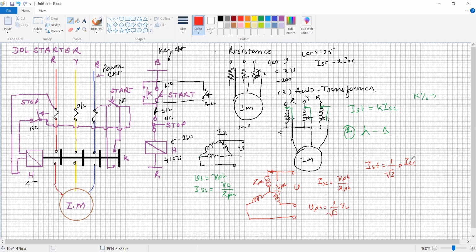Voltage is also reduced by 1 by √3. So instead of this, either a rotor resistance starter, auto transformer starter, or star delta starter, we use some means to reduce the starting voltage, and that reduces the starting current.